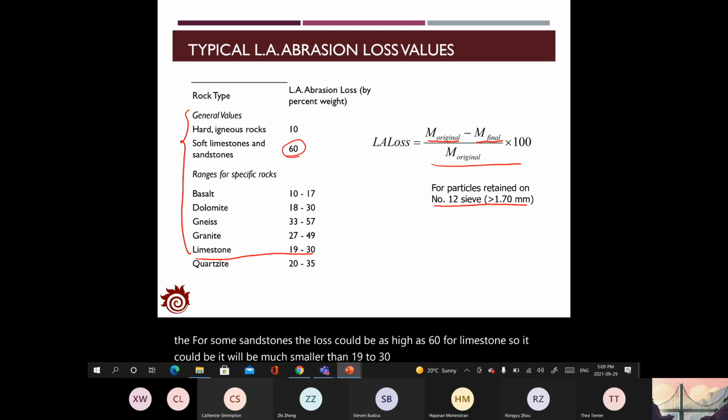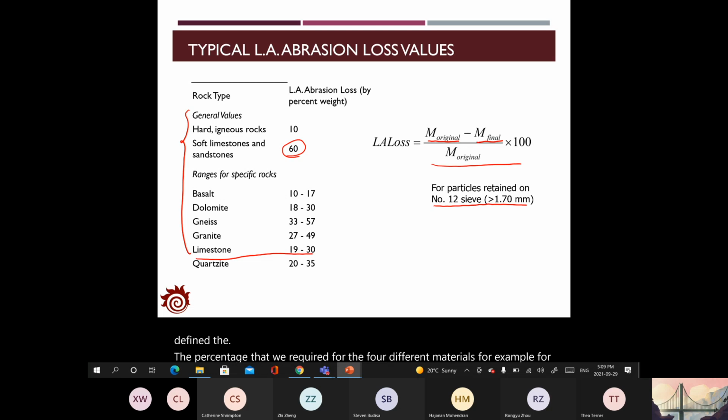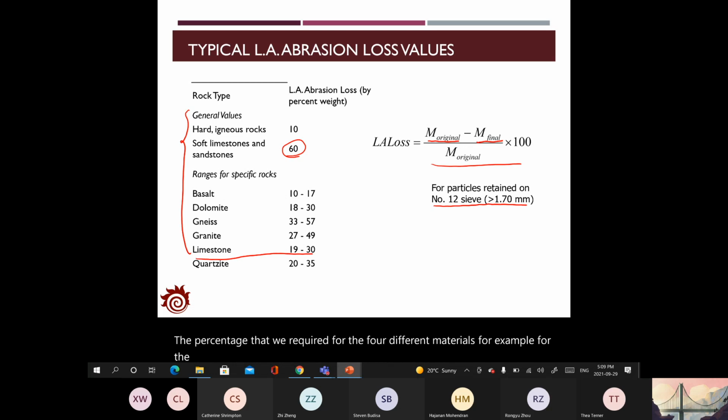And in the OPSS, we actually define the percentage that we require for different materials. For example, for the granular A materials, the maximum loss should be 60%. But for the granular B, we do not have any specific requirement.